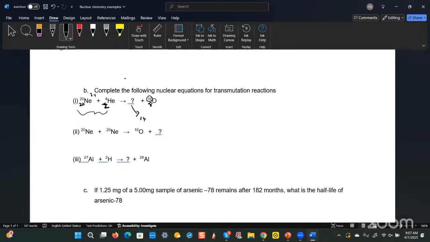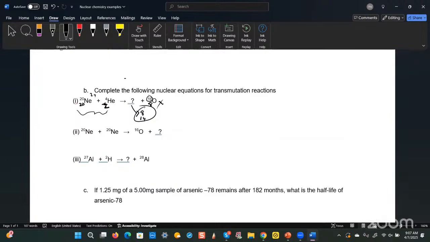There's probably a typo with this particular one. 24 minus 16, 8. Okay, I'll hold off on this one because I'm not saying that's not possible, but it's highly unlikely. So let's ignore that one for the time being.